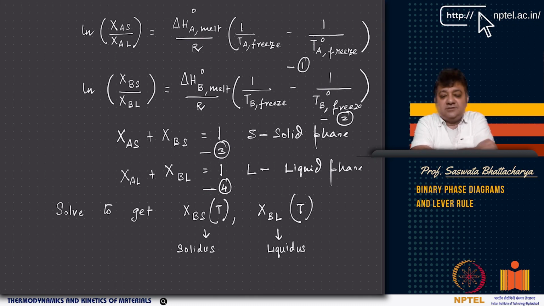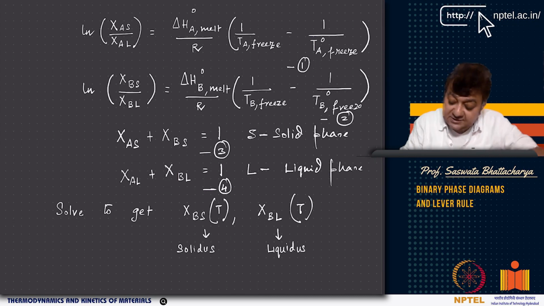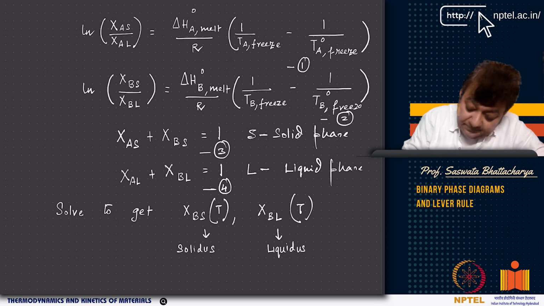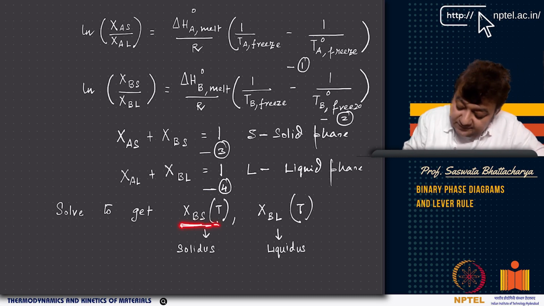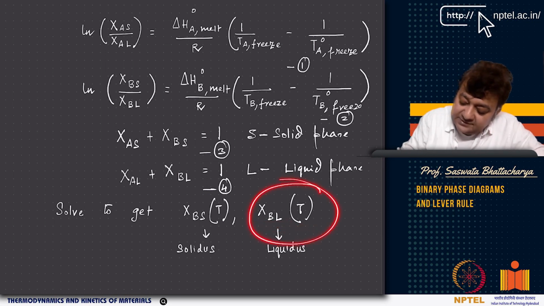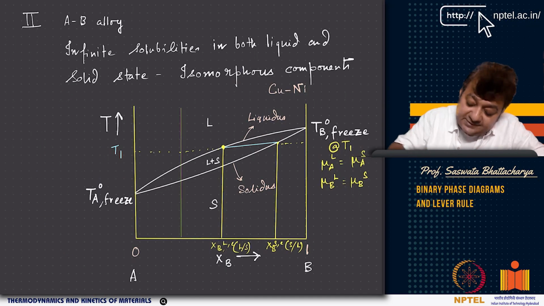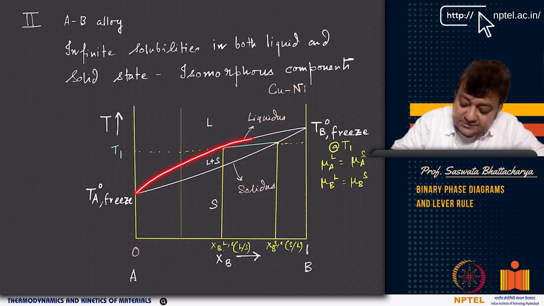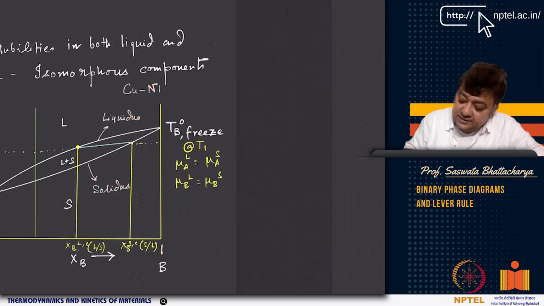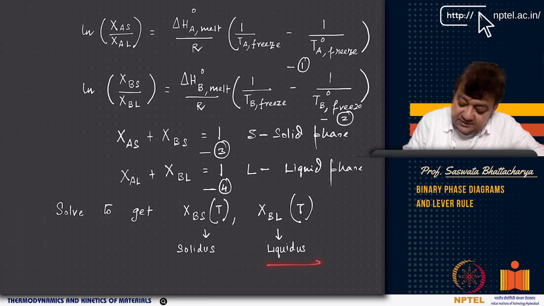The mole fraction of B in the solid as a function of temperature, or the mole fraction of B in the liquid as a function of temperature. This XBL(T) gives me the liquid S equation, and XBS(T) is the solid S equation.